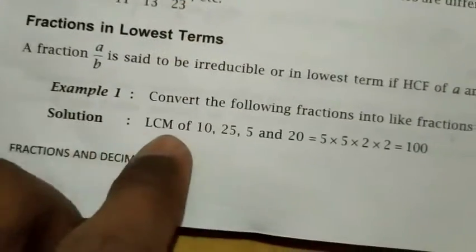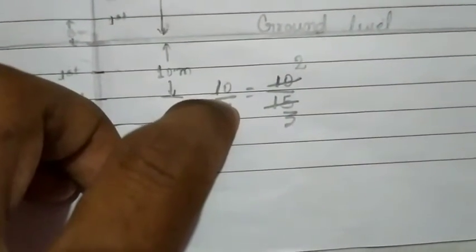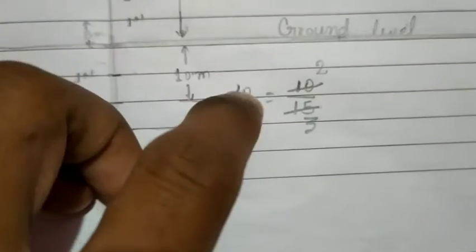For example, if we take 10 upon 15, we know very well that both numbers 10 and 15 come in the table of 5. 5 2s are 10, 5 3s are 15. Then simply we can cancel both numbers by 5, and we get 2 upon 3.